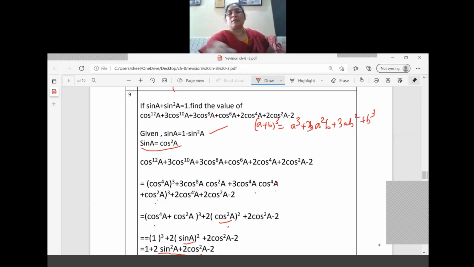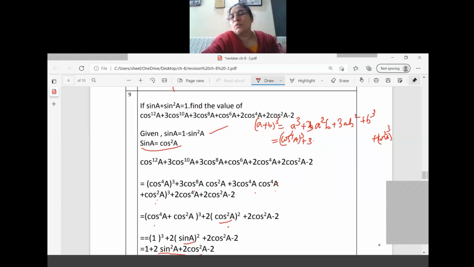So first four terms we will speak. Now a we have already decided that is cos raised to 4a whole cube only. B also we have decided. What is b? The cos raised to 2a whole cube. Right? Now we got the a and the b. So what is the next term? 3a square.